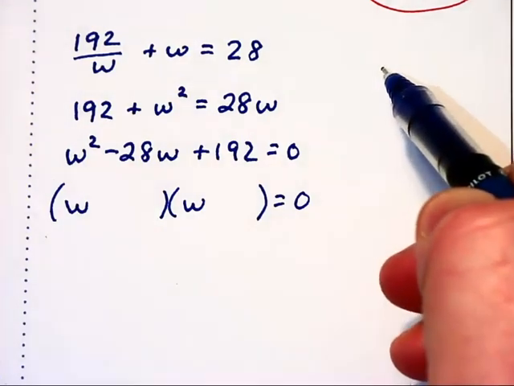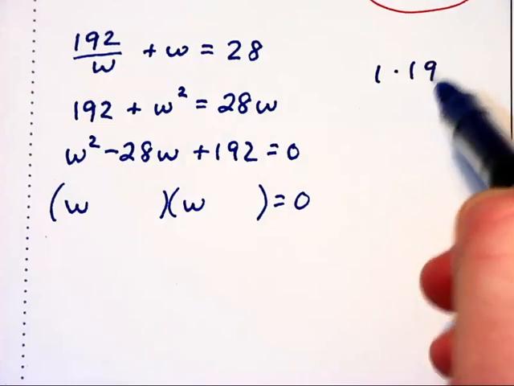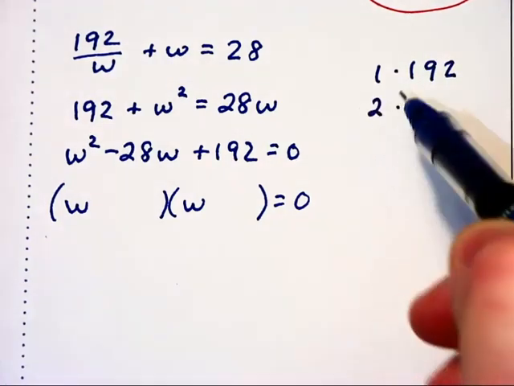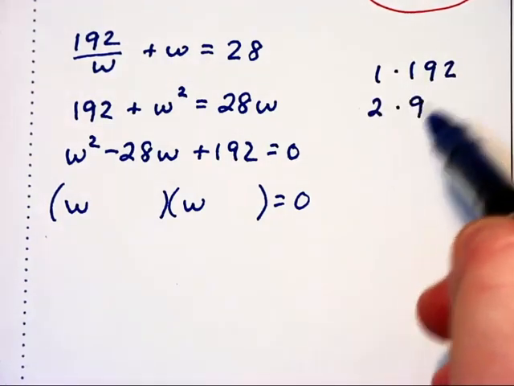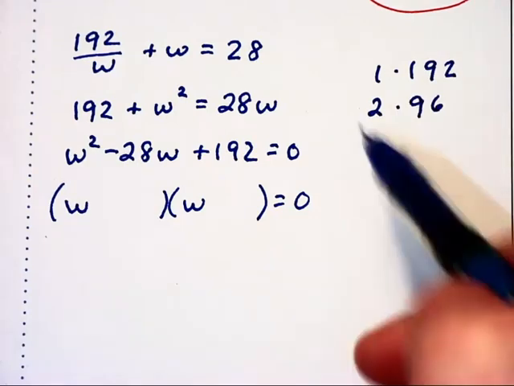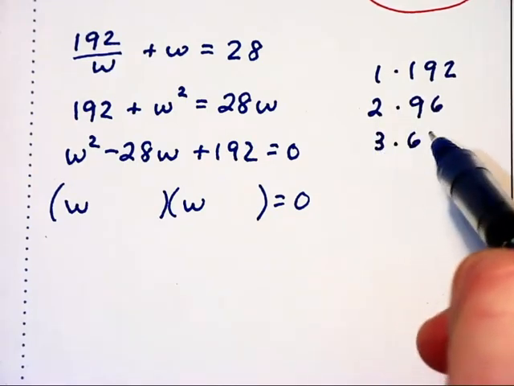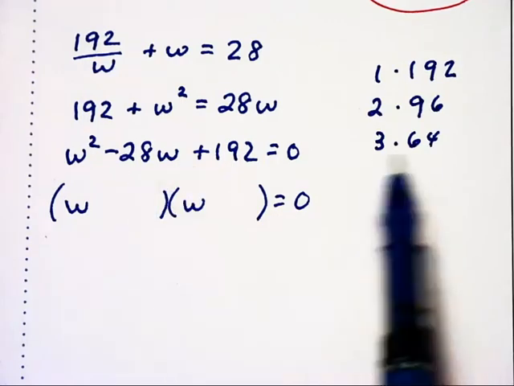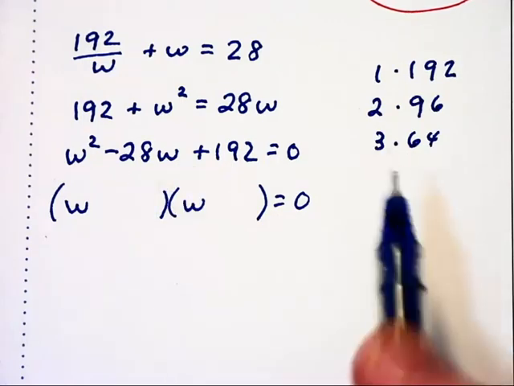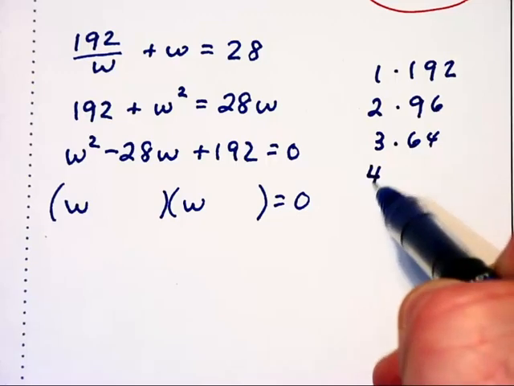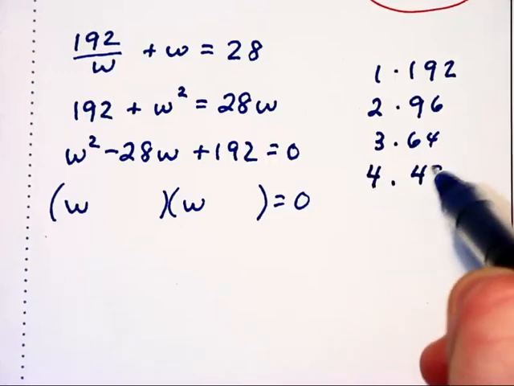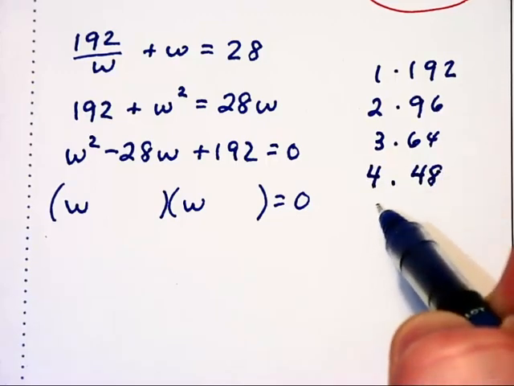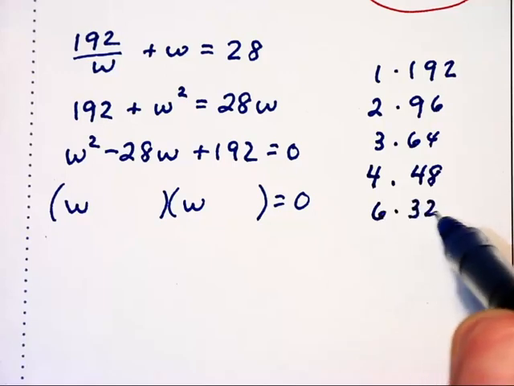I'd start, or factor pairs, 1 times 192. 2 times something, that's 96. 3 goes in also, 3 times 64. I'm still trying to find numbers that are 28 apart, and these are still a bit apart. So let's try 4. 4 times 48. 6 times 32.